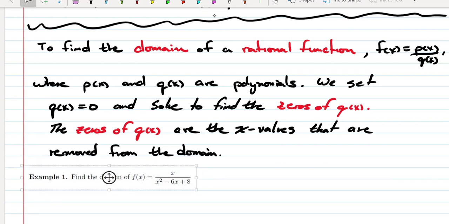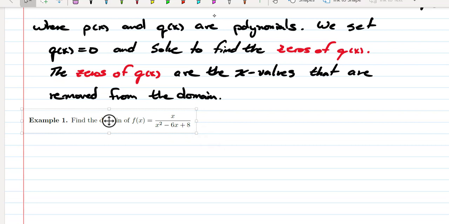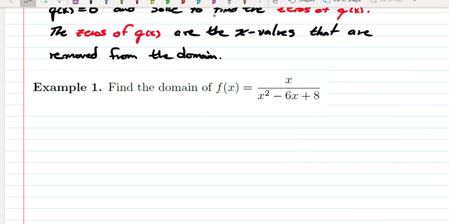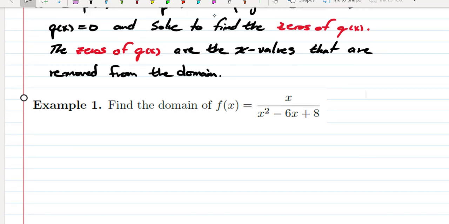So example 1 says find the domain of f of x equals x divided by x squared minus 6x plus 8. Okay, so according to this, we need to identify our q of x. So q of x is the polynomial that is in the denominator.